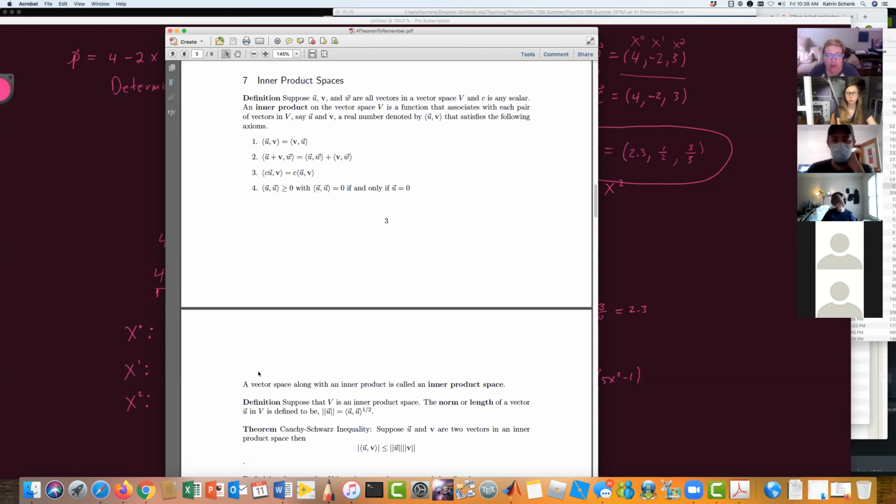Okay, so this is down here at the bottom. It says definition. Suppose that V is an inner product space, meaning a vector space V with an inner product. The norm or length of a vector U in V is defined to be, with these two vertical lines, U dot U to the 1/2, meaning square root of U dot U, which is what you've done a billion times in physics, to get a length of a vector.